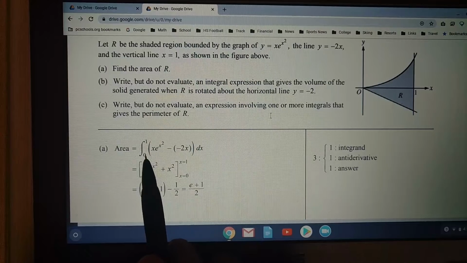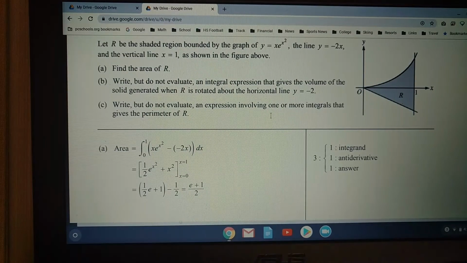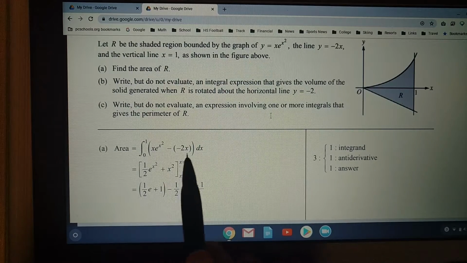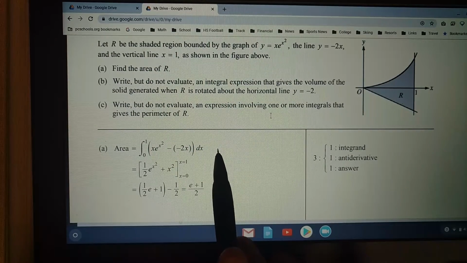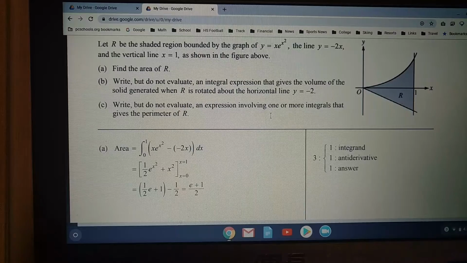To get that one, though, you have to go 0 to 1. So you have to integrate x e to the x squared, your correct integrand there. You don't have to have the negative 2x. You have to have it as a separate integral, or if you just calculate the area of that triangle, that also will work as well.